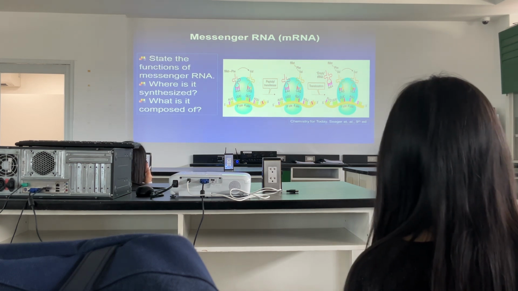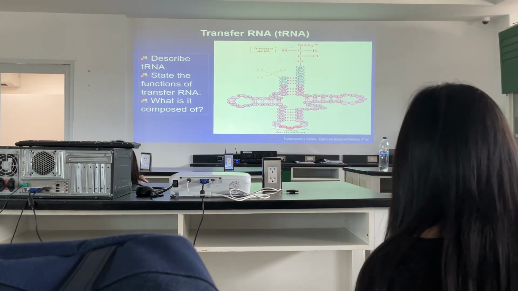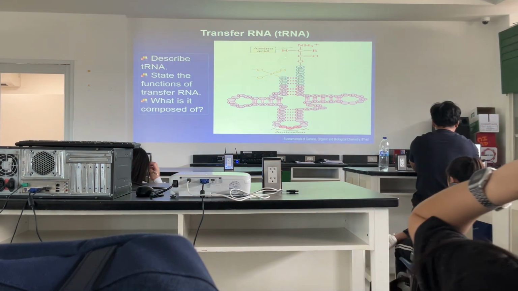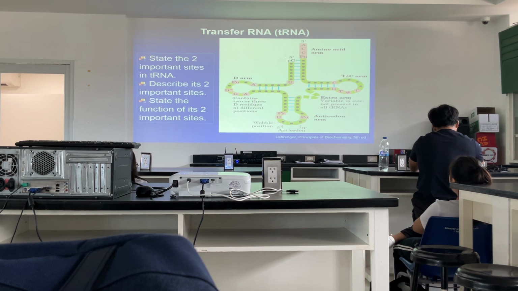Each amino acid will be carried by a specific tRNA. If there are 20 amino acids, there will be 20 tRNAs carrying the different amino acids to the site of synthesis. So the anticodon arm, the amino acid arm.